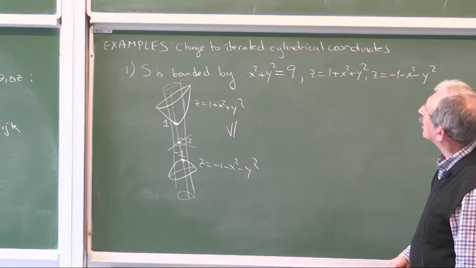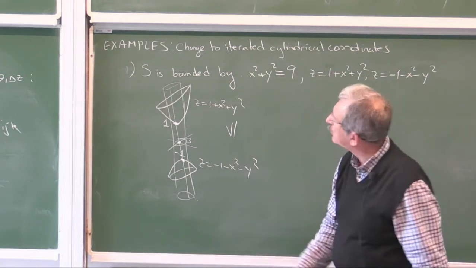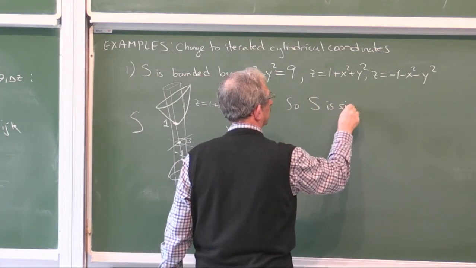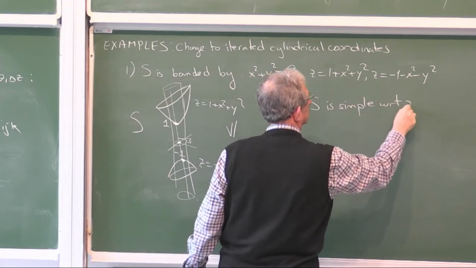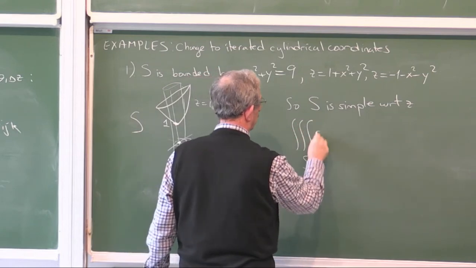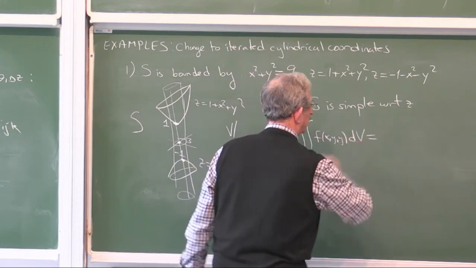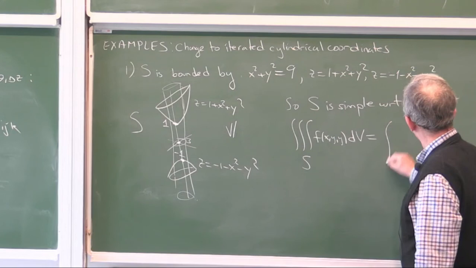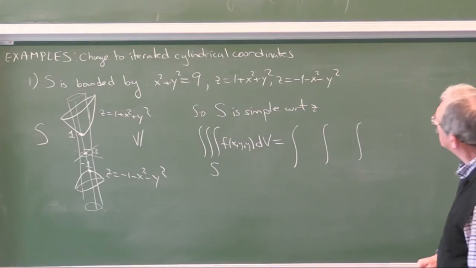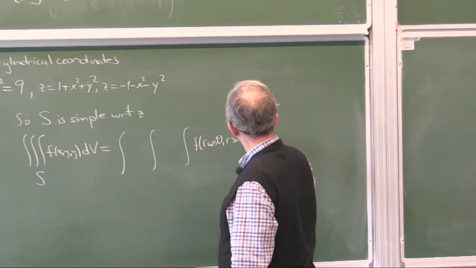And so we can use then the simpleness of this region, hence S is simple with respect to z. Okay. So an integral of f dV would be, of course, in cylindrical coordinates, f of r cosine theta, r sine theta, and z.